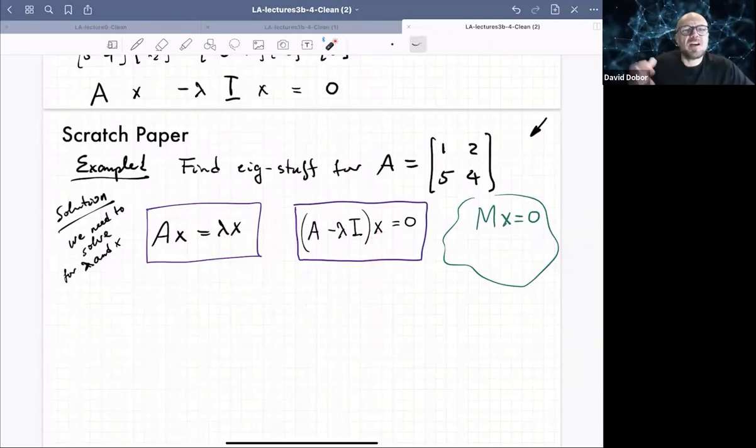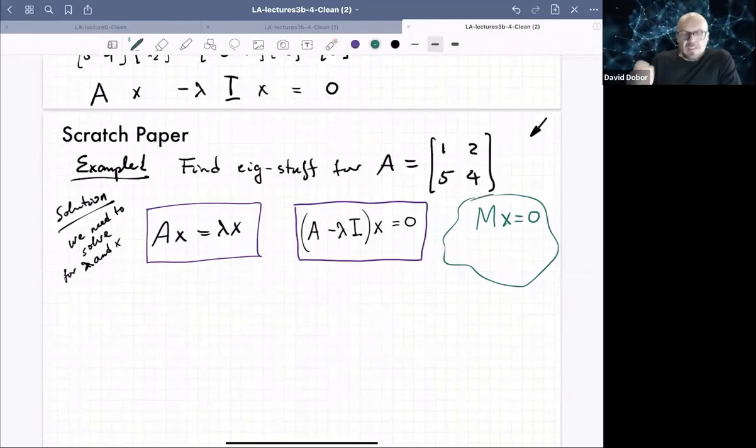I'll ask you later, after we do a couple of examples, why it doesn't even make sense to consider 0 eigenvectors. But for now, by the definition we gave, the eigenvectors are non-zero. Lambda, by the way, can be 0 or non-zero. There's nothing special about the eigenvalue being 0. But eigenvectors must be non-zero. Again, that was an aside.